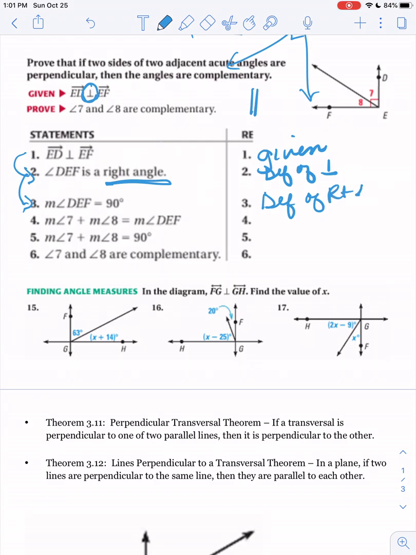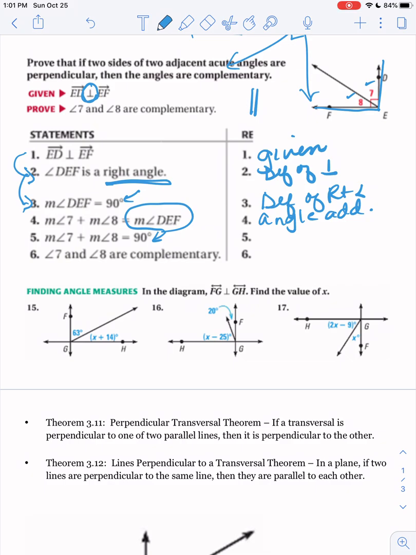Definition of right angle. Now they're saying if I add angles 7 and 8 together, I get the whole thing. And we know what it means. If you add two little angles together to get a big angle, we call that angle addition. Angle addition postulate. Now what they did is they replaced the measure of DEF with 90 degrees, because right here we said DEF is equal to 90 degrees.